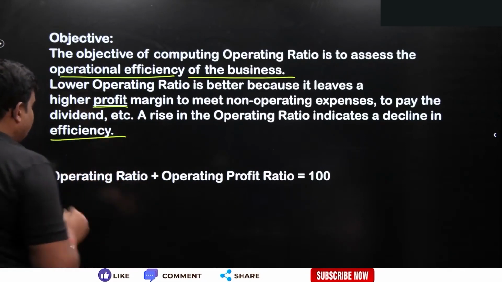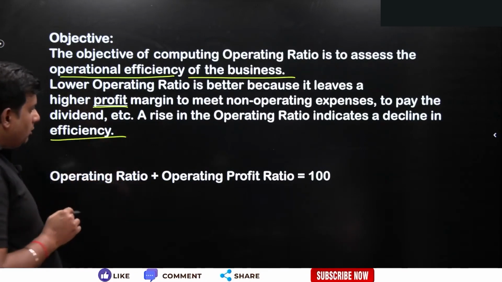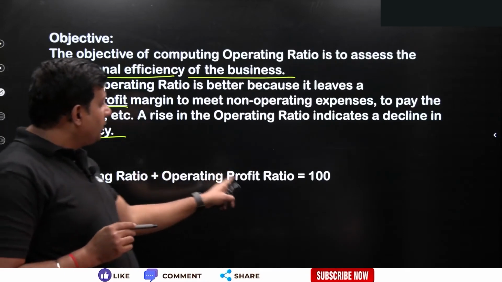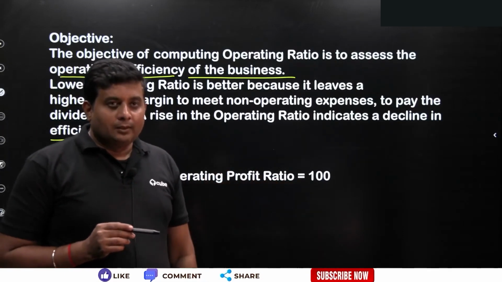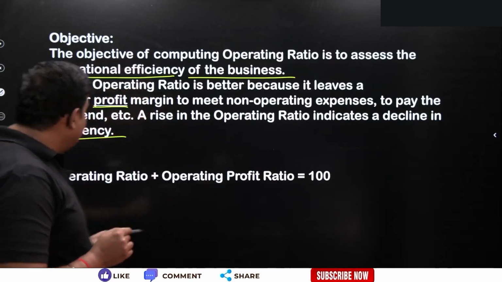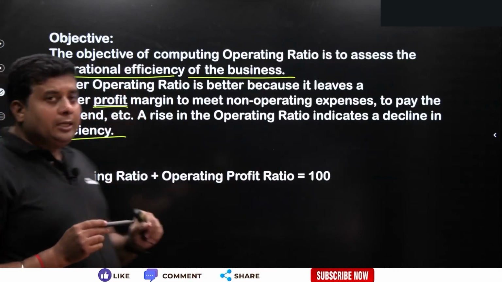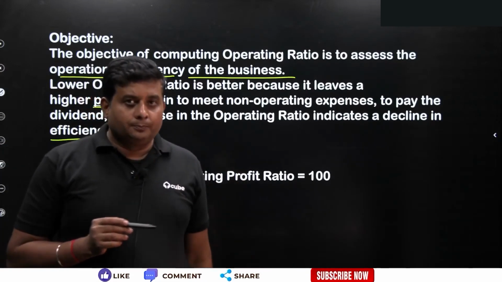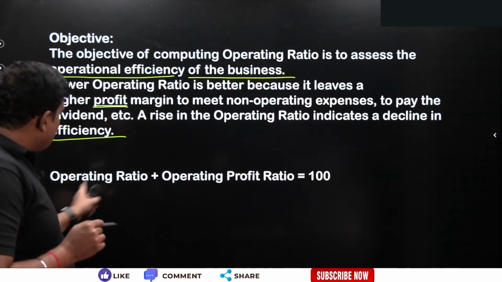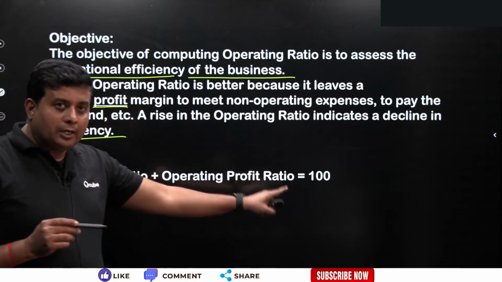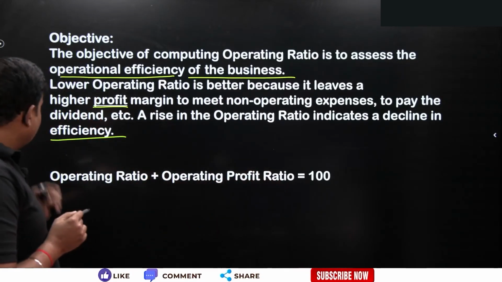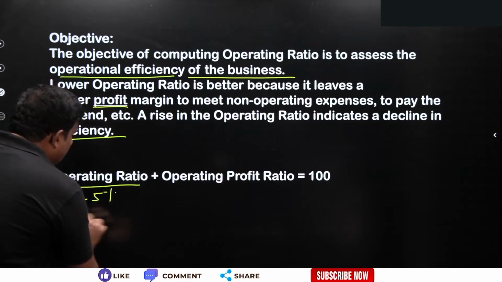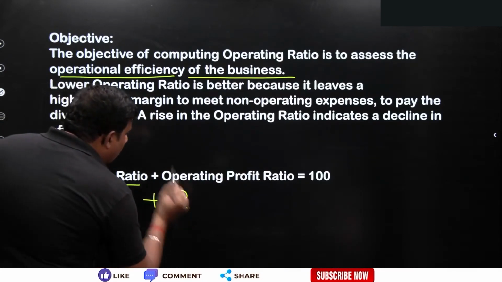A rise in the operating ratio indicates a decline in the efficiency. Now this is very important: operating ratio plus operating profit ratio equals 100. सपोज एग्जाम में क्वेश्चन आता है कि आपका ऑपरेटिंग रेशियो 75% का है, so what would be your operating profit ratio? So as we know, operating ratio plus operating profit ratio will give you 100, और ऑपरेटिंग रेशियो अगर 75% है तो आपका ये ऑपरेटिंग प्रॉफिट कितना होगा?